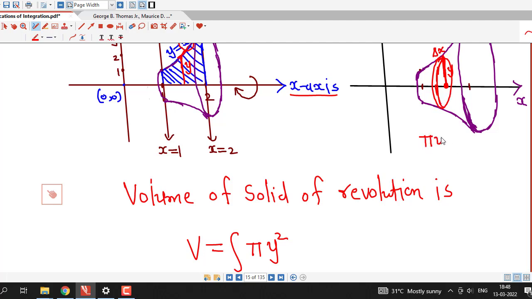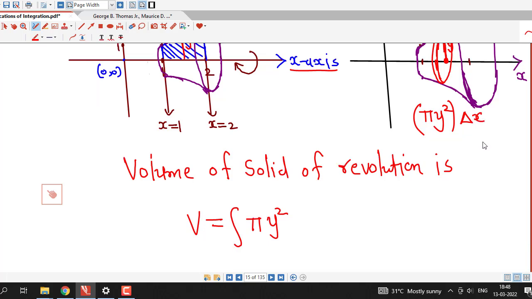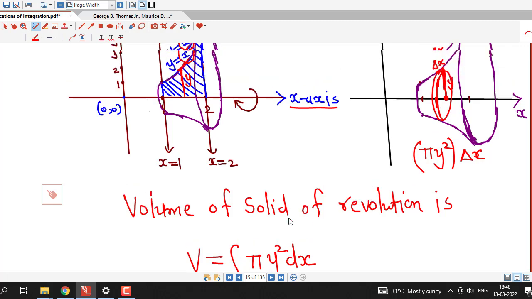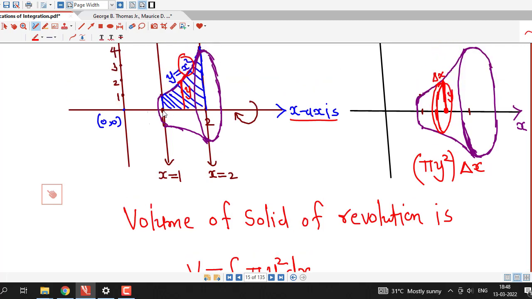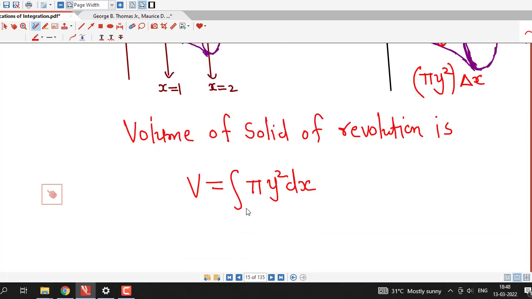Area of the circle with radius y is pi y square, and we are multiplying this with the height of the disc, which is delta x, and therefore we have this formula integral pi y square dx, and x lies between x equal to 1 and x equal to 2. So we have to consider the cross section starting from x equal to 1 and x equal to 2. So we integrate between these two values of x from 1 to 2.